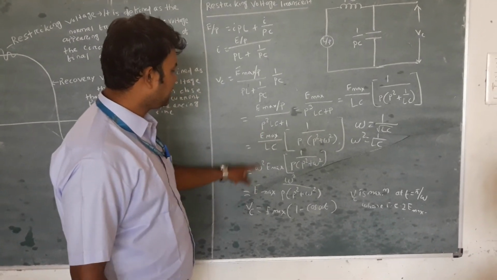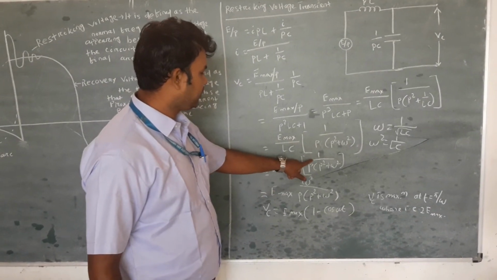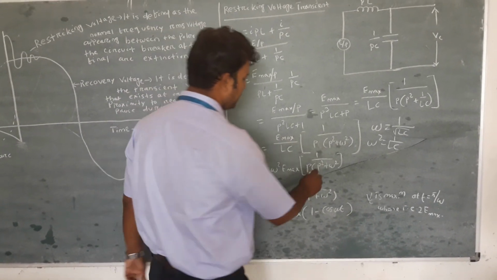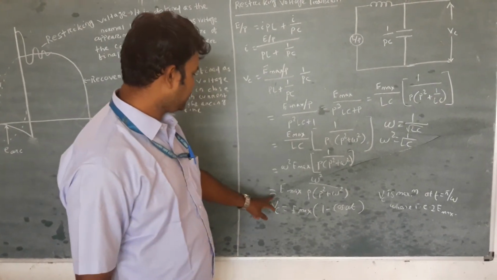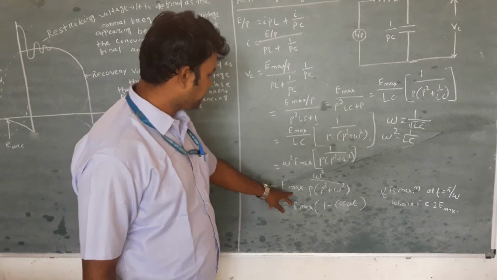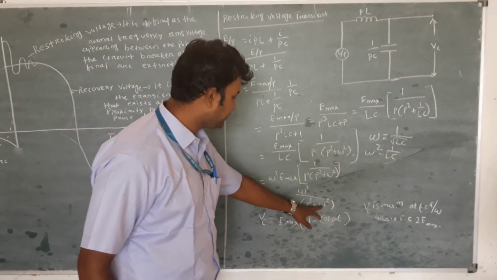All of you know the omega value: omega is equal to 1 by root over LC, the angular frequency. So we can write omega square is equal to 1 by LC. In place of 1 by LC, we write omega square. So this is Emax omega square divided by P into (P square plus omega square).